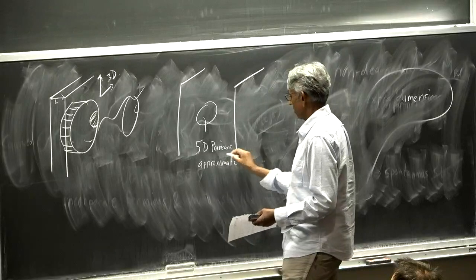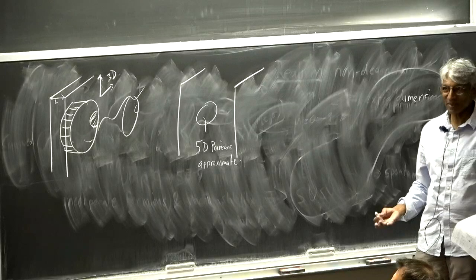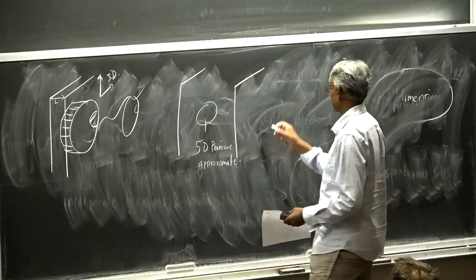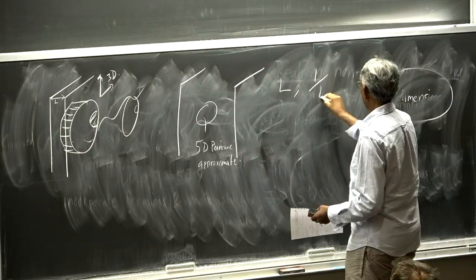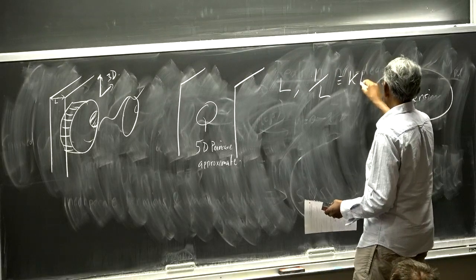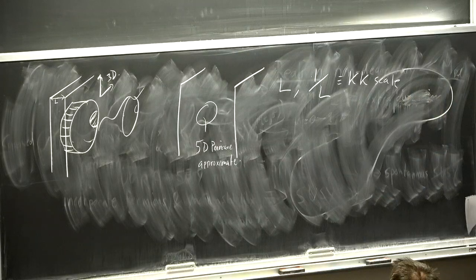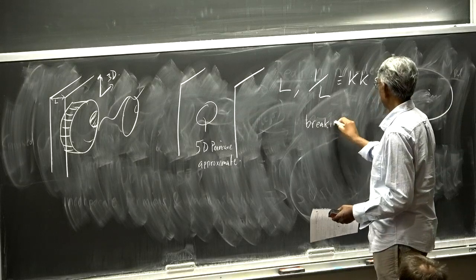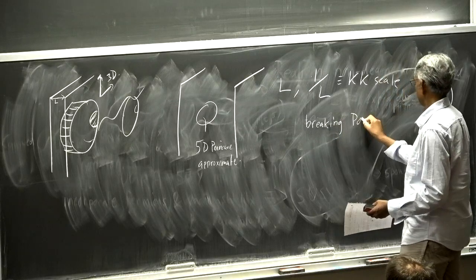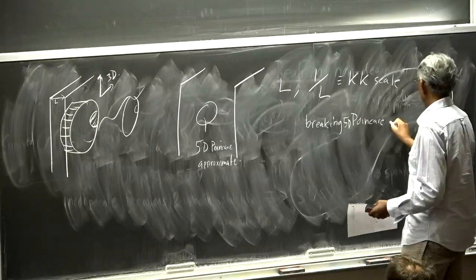Which is to say that L is breaking Poincare symmetry. 5D Poincare symmetry is broken by L, or the way particle physicists would write it, 1 over L, the so-called Kaluza-Klein scale, is breaking the higher symmetry, 5D, down to 4D.